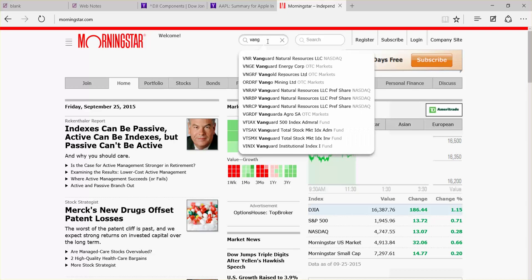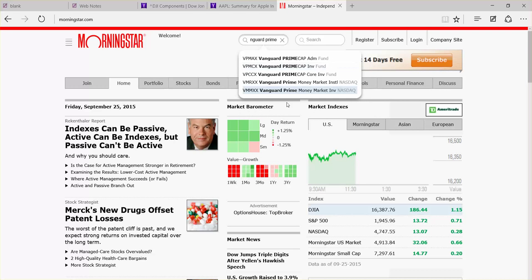But I want to look up the Vanguard Prime Money Market Fund, and I'm going to do this one. You see how there are actually two of them, but one of them has INV and one of them is INSTL. INV stands for individual investor. INSTL stands for institutional investor. Institutional investors are companies or entities that have huge amounts of money to invest.